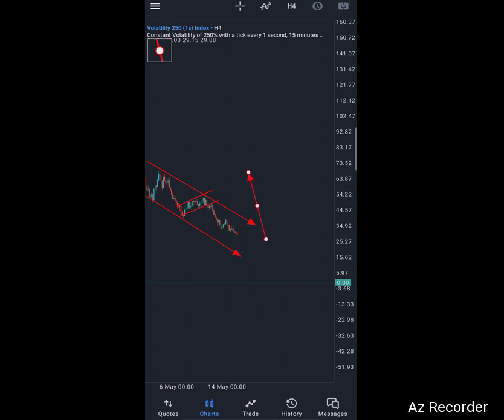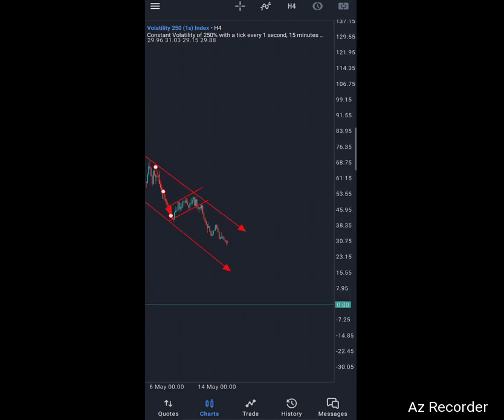What you do if you want to measure your TP, you do this. The first leg tends to be equal to the second leg. Now this is the first leg, tends to be equal to the second leg down there. But I didn't fully wait for it to reach the second leg.